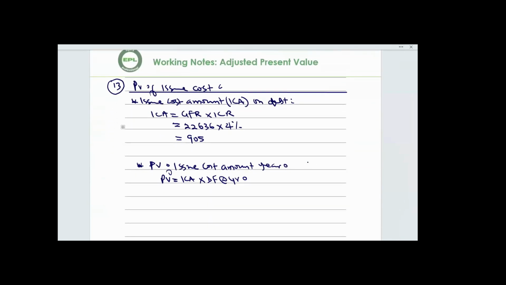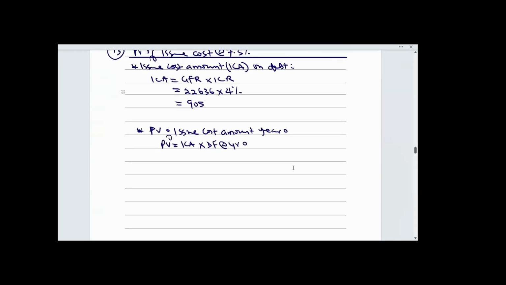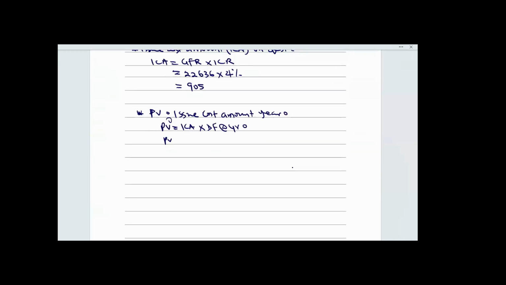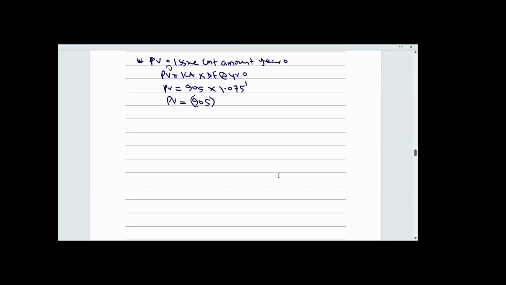Therefore, PV in year 0 will be equal to 905 multiplied by the discount factor in year 0, which is 1.075 raised to power 0, equal to 1. So it will give you the same amount, 905. It should be in brackets because it's a cost.